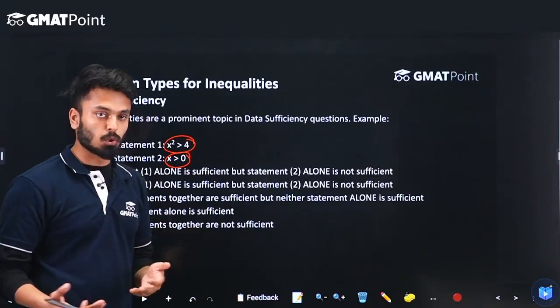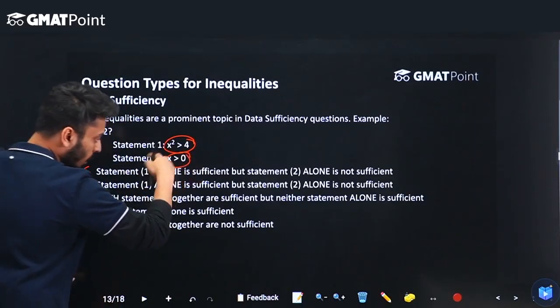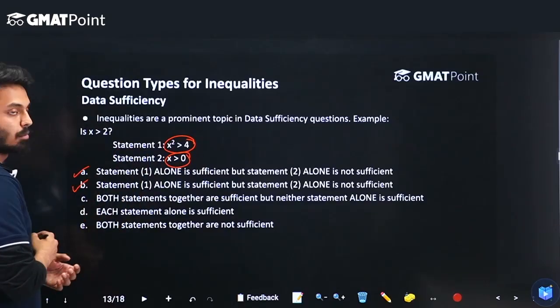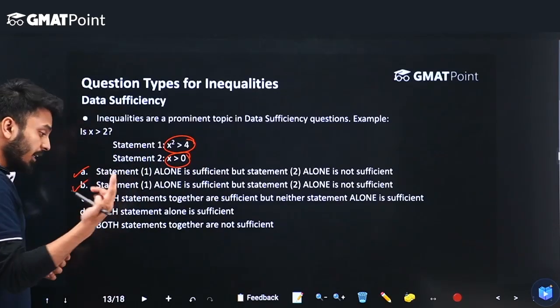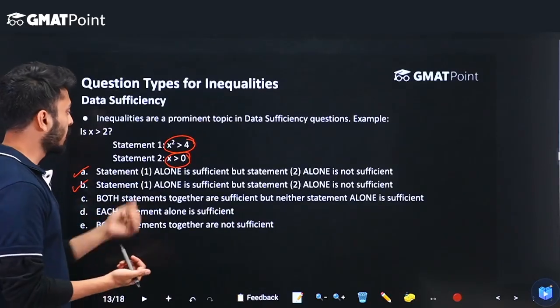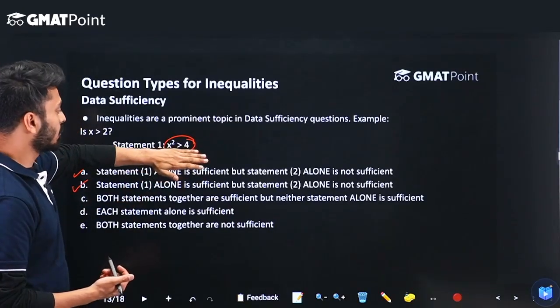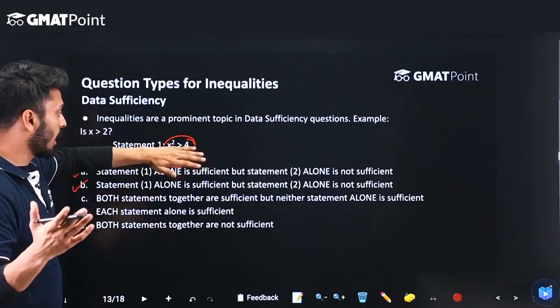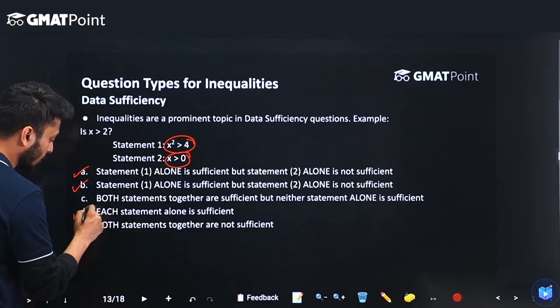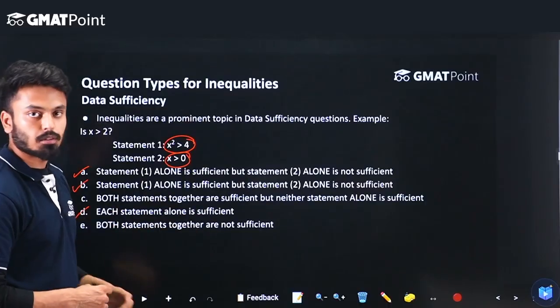Or there might also be both of them. If statement 2 gave you all the information you need, but statement 1 did not, then your answer would be option B. If each of those statements gives you the information you need, so for example, if statement 1 alone without statement 2 was enough information, and also statement 2 alone was enough information, that's when you would answer option D. Each statement alone is sufficient.